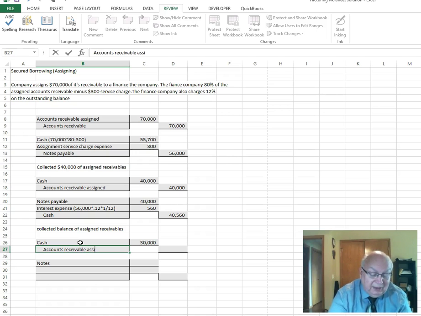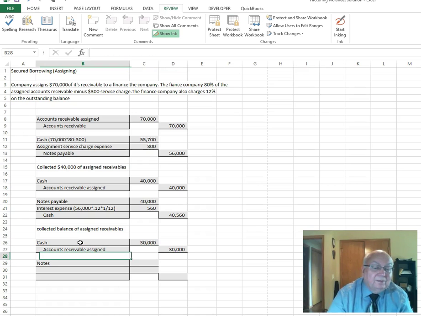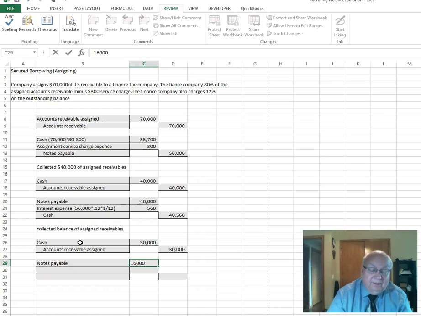And this is for the assigned, and that will be for 30,000. Now we're going to pay off the balance of the notes payable. So we have notes payable. Now we don't owe them 30,000, we owe them 16,000, which is the $56,000 minus the $40,000 that we've already paid.